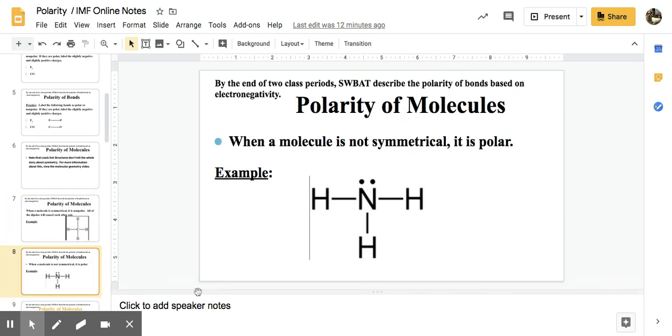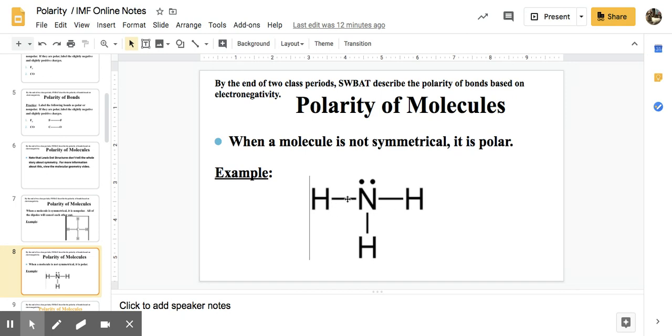Okay, and that's because it's the same on all sides. This one is not symmetrical because although these two are going to cancel each other out, there's nothing to cancel this one. There's no other bond in the opposite direction to cancel it. Okay, so this one is going to be polar. All right, and you could put the slight negative and slight positive charges on this if you wanted.